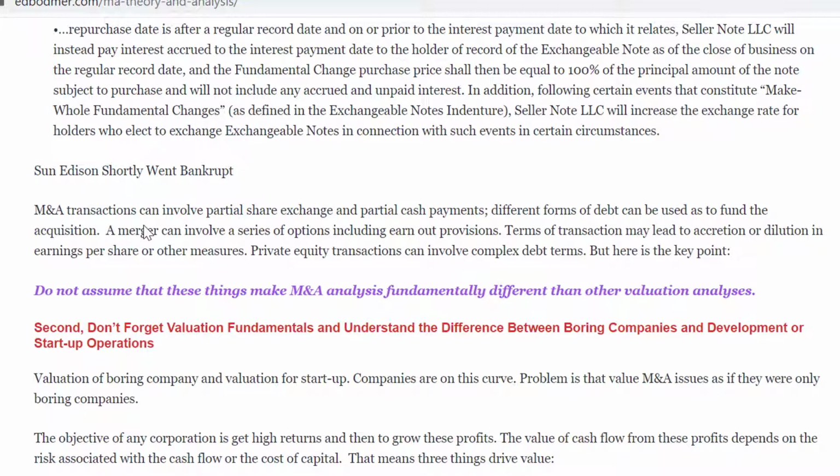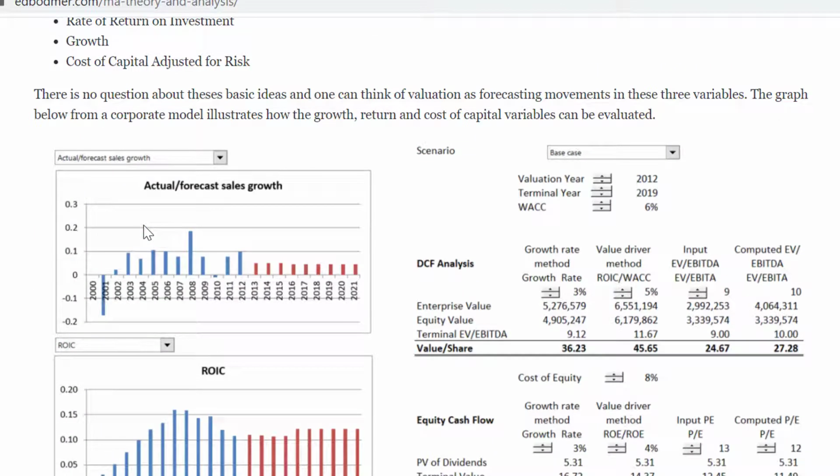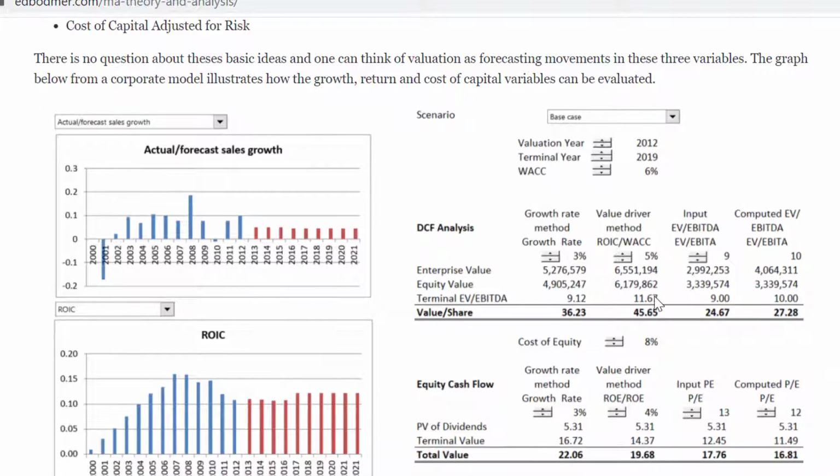Before I go through all of these methods, think about what valuation really does. Think about that it's all from getting a return and trying to get a decent return. That's why in the summary page, I typically try to show some growth and returns, and next to that, some cost of capitals and different valuations.